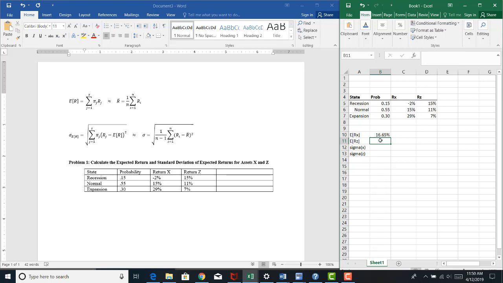Let's calculate the expected return for stock Z. Again, what I'm going to do is take the probability of the first economic state occurring, follow the formula here, the probability of the first state times the return in that state for stock Z, plus the probability of the second economic state times the return to stock Z in that second state, plus the probability of the third state times the return to stock Z in that third state.